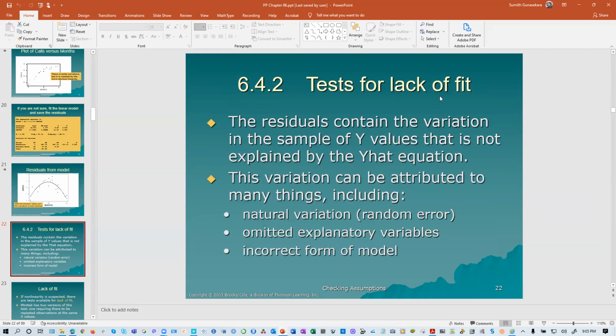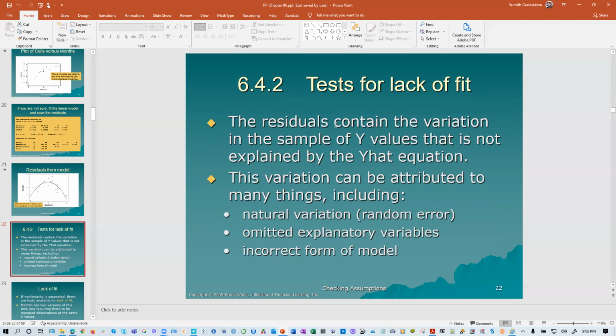Together with this one, the test of lack of fit: the residual contains the variation in the sample of Y values that is not explained by the Y hat. This variation can be attributed to many things: natural variation, omitted explanatory variables, incorrect form of the model. The residual means the error that cannot be explained.